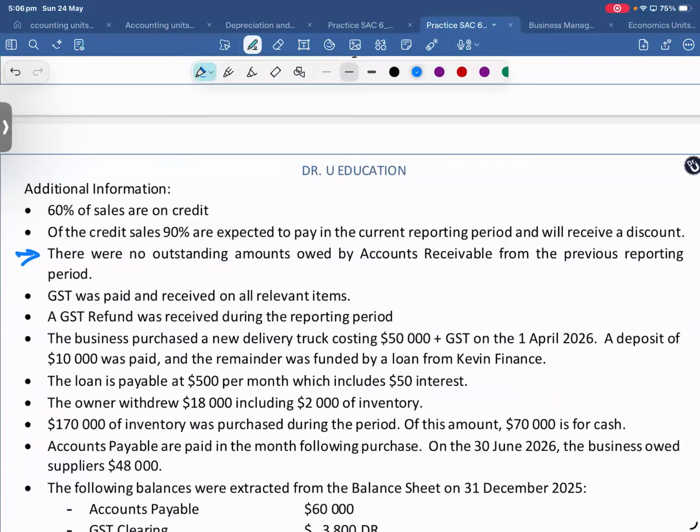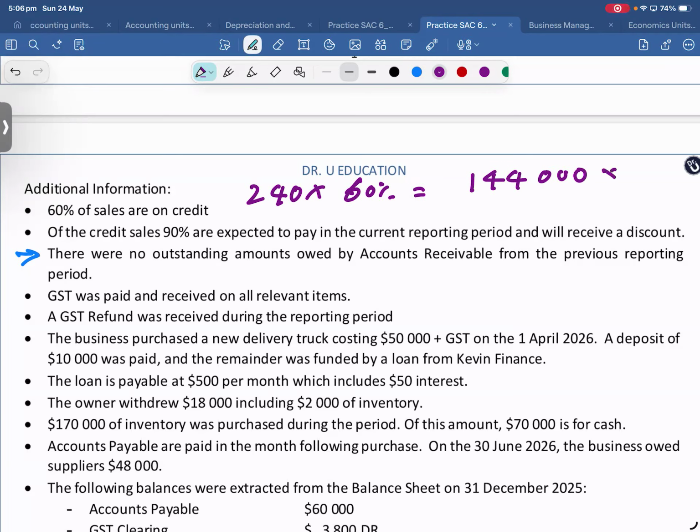But they are saying there was none. Okay, so then we are receiving 90%. Credit sales is 60%, right? So total sales is 240. So 60% of that, how much? 144,000.